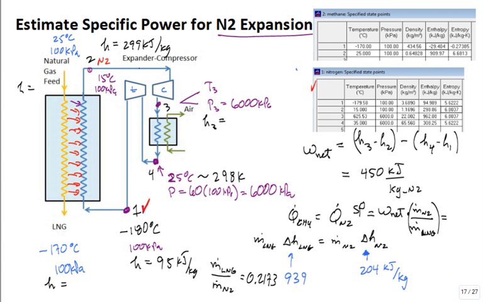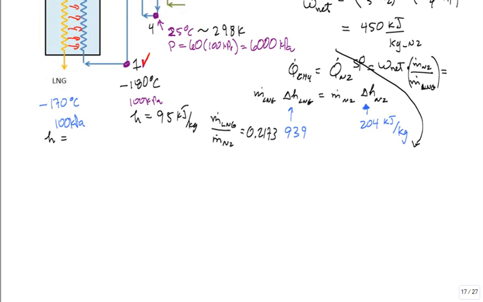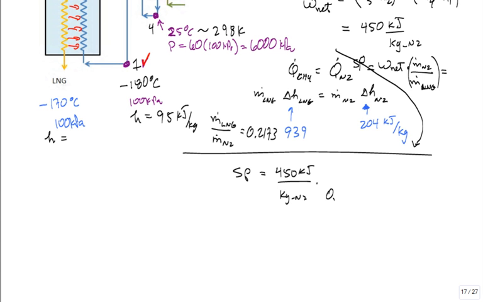I'm messing this up bad because I'm trying to conserve space, but I have to scroll down. So the specific power is equal to the 450 kilojoules per kilogram of nitrogen times 0.2173 kilograms of LNG per kilogram of nitrogen.